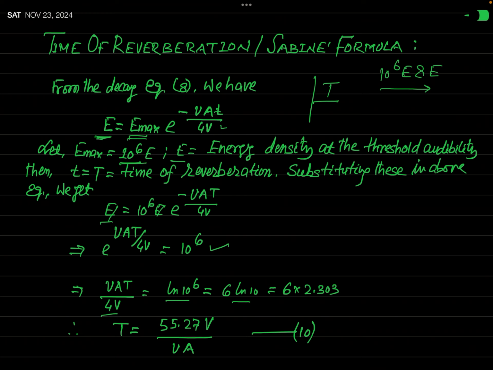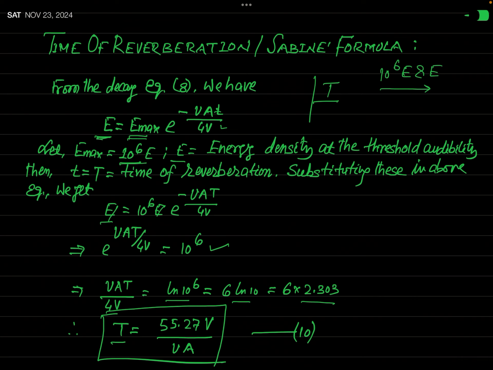But at the exponential base, log 10 is 2.303. So this is 6 into 2.303. And therefore, the period of reverberation, when you simplify it, 6 into 2.303 into 4, that will be 55.27 times V divided by vA. So this is the expression for the period of reverberation.